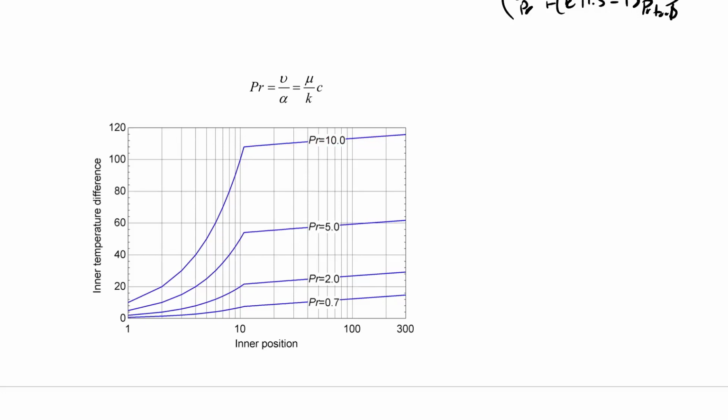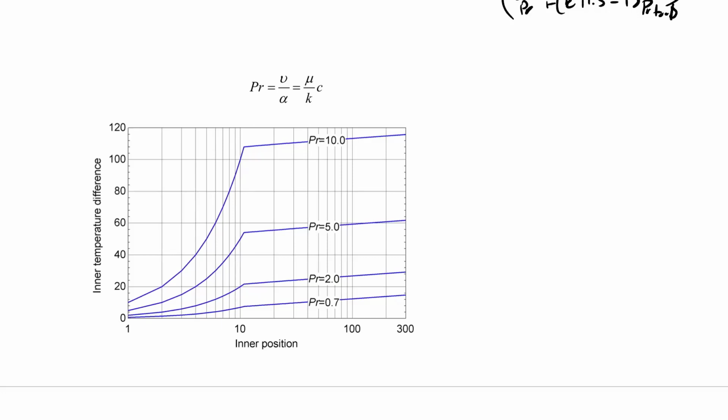So you have these different temperature profiles, and what's really different between them is this: once you get out here, the slope is the same. There's no real sensitivity to the Prandtl number in that region beyond 11.5. In the inner part, the heat transfer is governed only by the molecular conductivity right next to the wall.